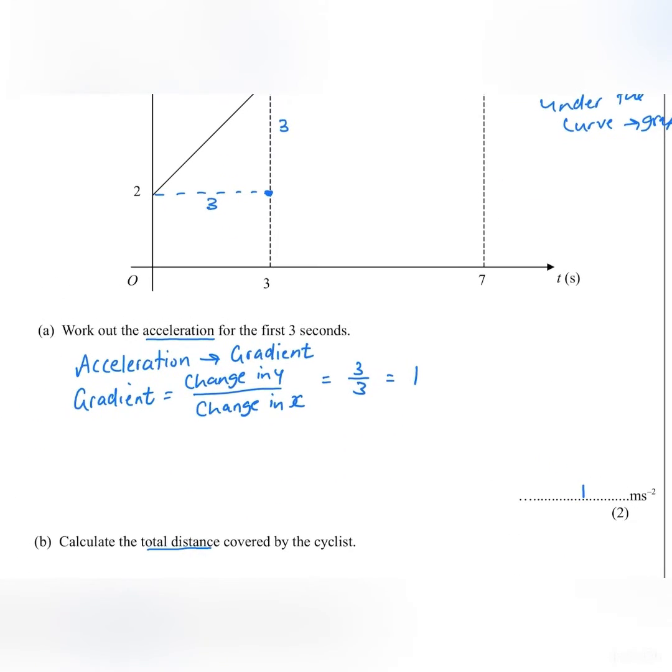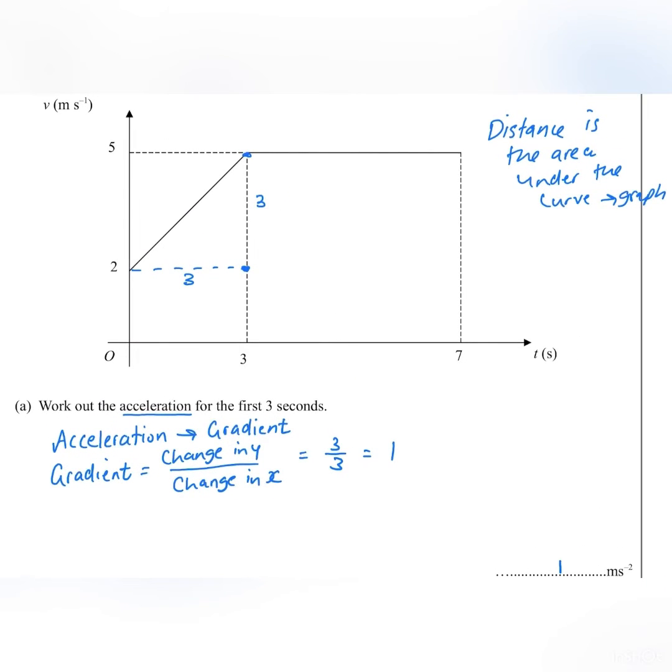So if we look at the area under the graph, we got one rectangle from 3 to 7 seconds. So this is 4, and the height is 5. So the area over here is 4 times 5.